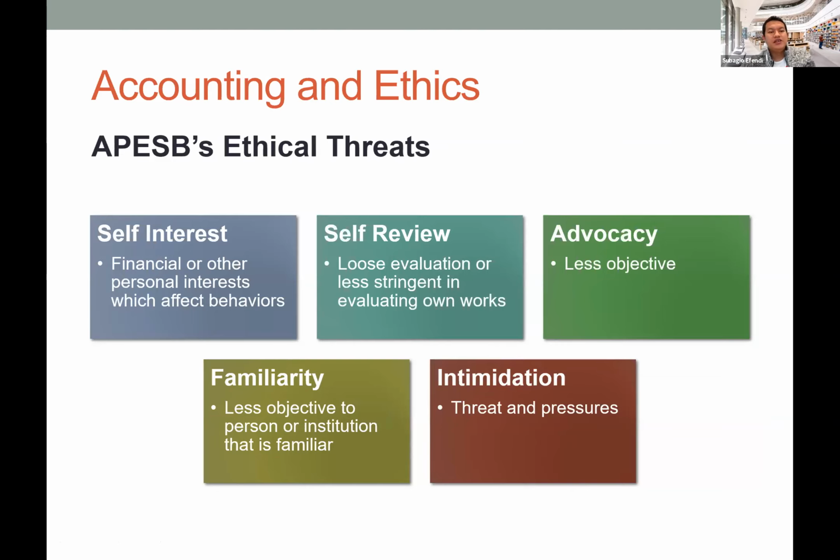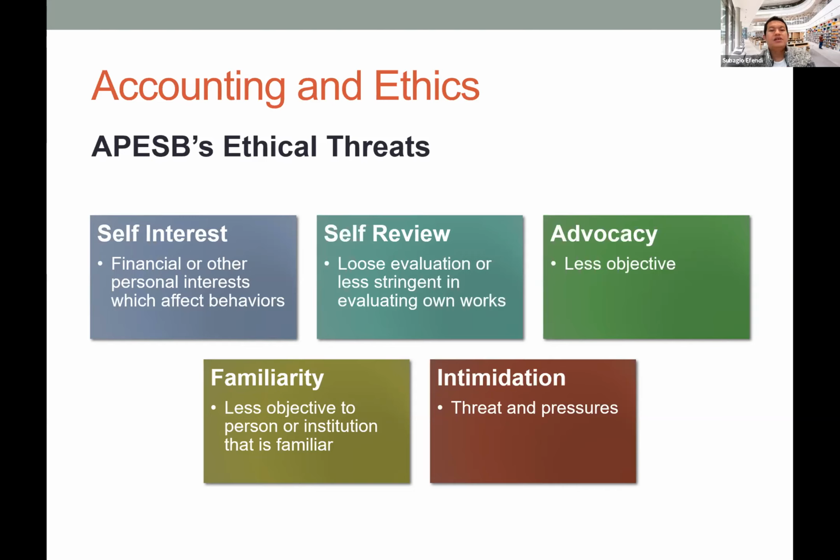Basically, if the accountant has his or her own interests other than the profession's interests or the client's interests. These interests could be financial interests, business interests, political interests, or any other interests, which affect the accountant's behavior. Because of this self-interest, the accountant could be less objective and make some biased decisions.